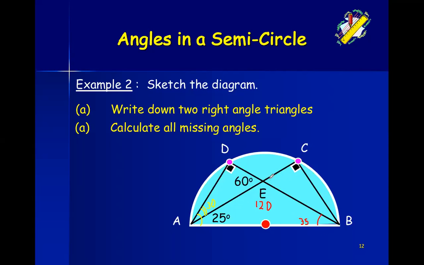Now I need to find that angle. You've got an X shape here. It's the one that might not be that straightforward to find, but that's 60. So I've got 60, 90, and that means here 30. I've got my 30 as well.